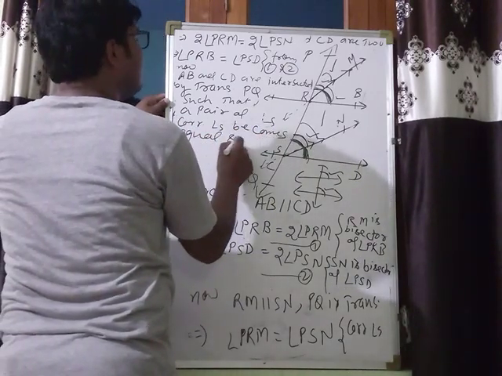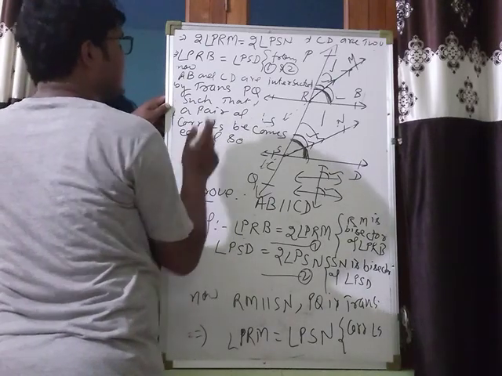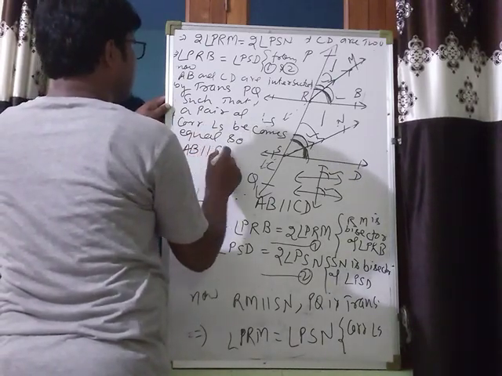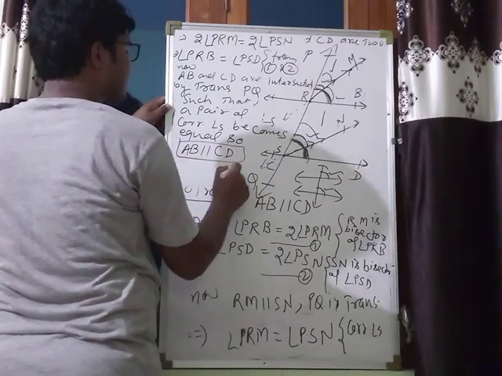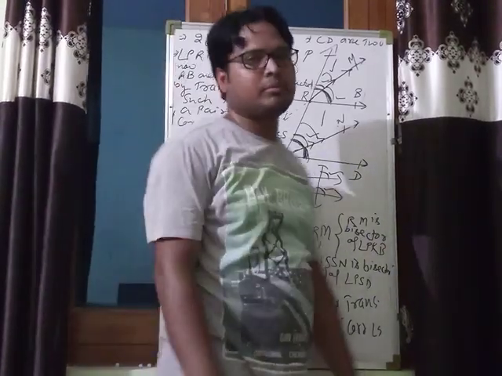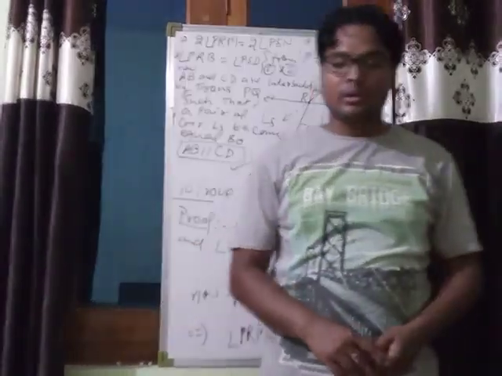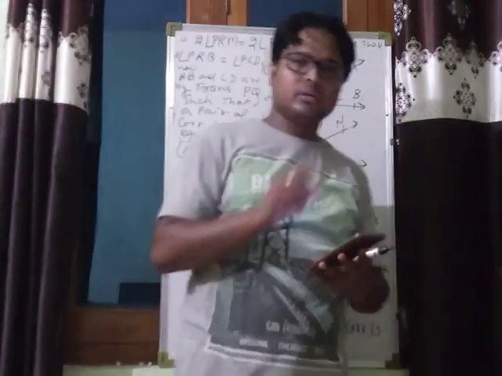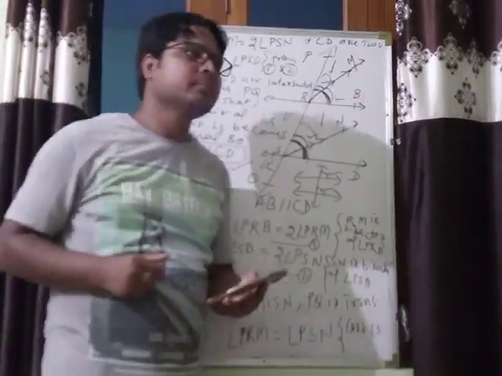Okay, so AB will be parallel to CD. It is only possible when lines are parallel. And this is what we had to prove.